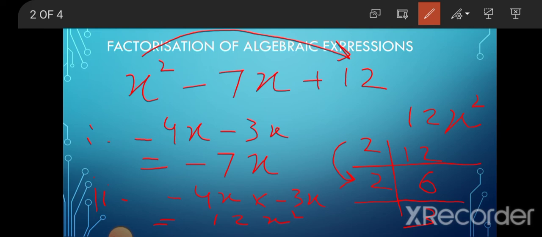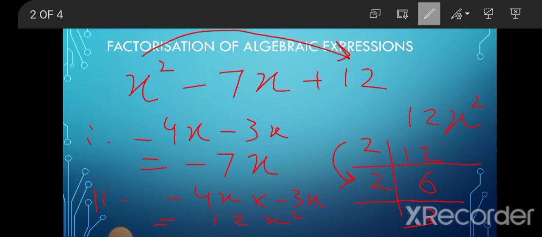So once again, you need to remember that you have to get two factors of the middle term in such a way that if you simplify those two factors, you obtain the middle term, and if you multiply those two, you get the product of the extreme values.